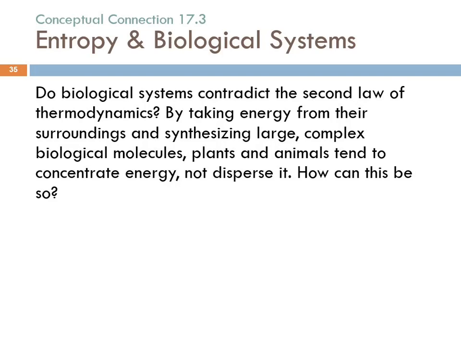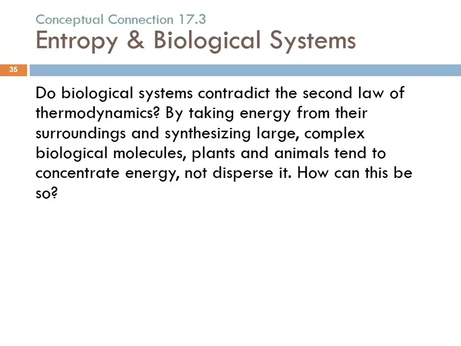Release heat, release most of the energy as heat. Yeah, what happens when, say, a mouse metabolizes the food that it eats? It generates heat, right? And the heat goes into the surroundings. Yep.